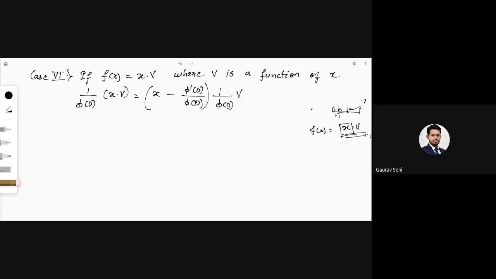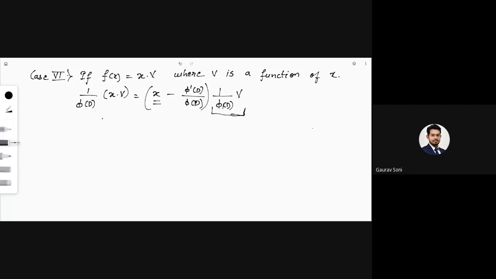So as you can see here, x is removed from the calculation. I mean to say that you are not applying phi of D on x. x is here. 1 upon phi of D you have to separately apply just on v. Then we will open the bracket and the rule will be applied to complete this.